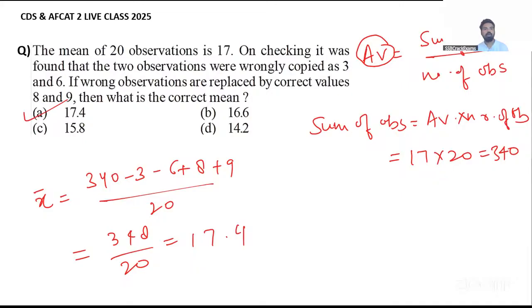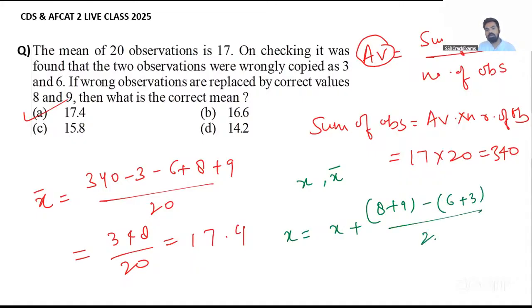You can do one more thing. Suppose you need to find the new mean. Say x is the old mean and x bar is the new mean. Then x bar is x plus the actual values, say 8 and 9, minus the sum of wrong values, divided by 20.